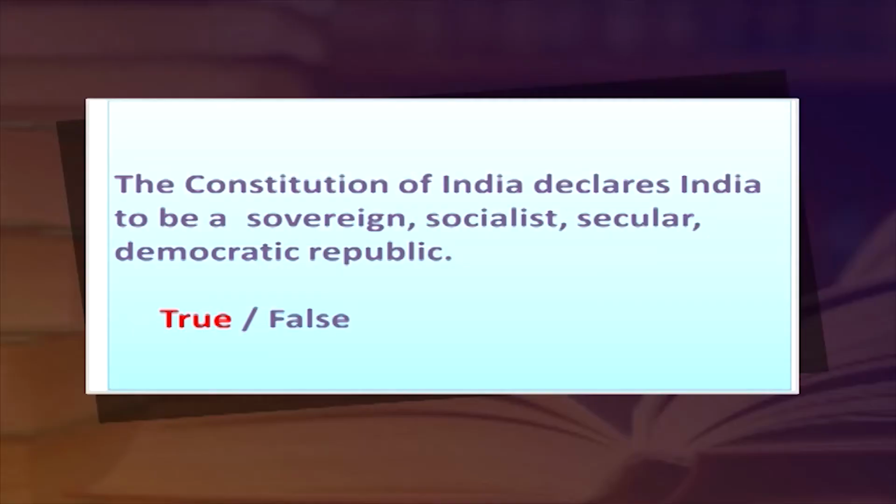The Constitution of India declares India to be a sovereign, socialist, secular, democratic republic. This statement can be either true or false, and students are expected to mark the answer. Using this question, a teacher can ascertain whether students know the fundamental facts about Indian Constitution.